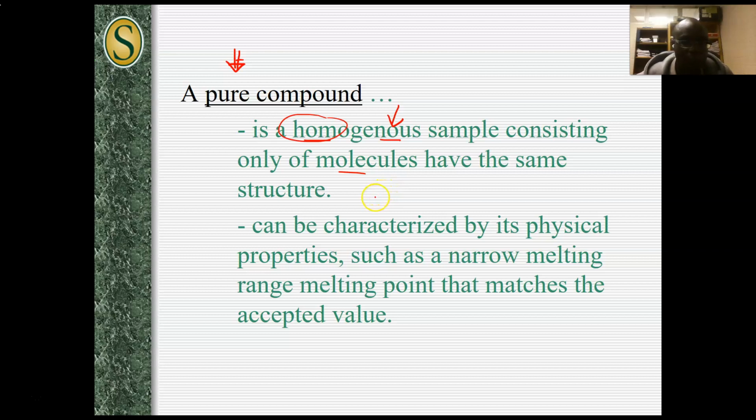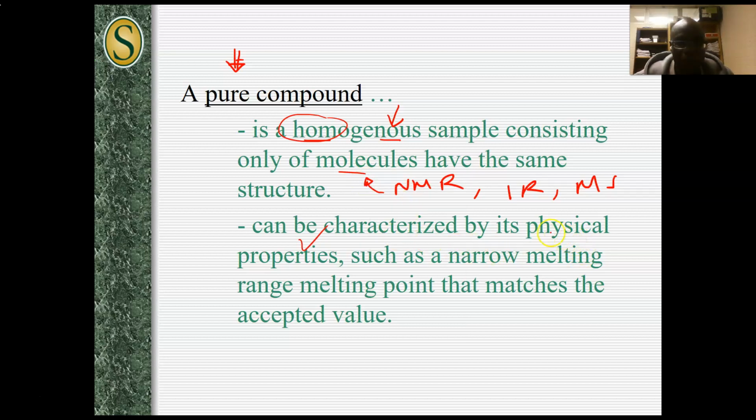In organic two, you'll talk about NMR spectra, IR spectra, and all those things. Those are instruments we use to judge purity: nuclear magnetic resonance, or infrared, or even mass spec. You don't see foreign peaks in the spectra.